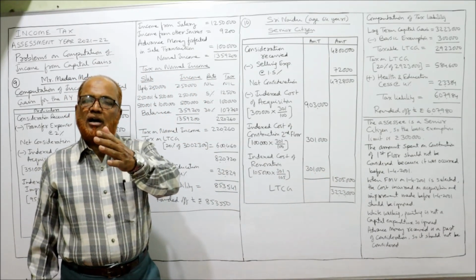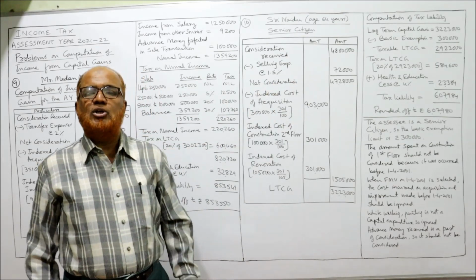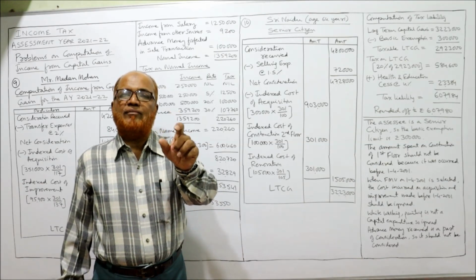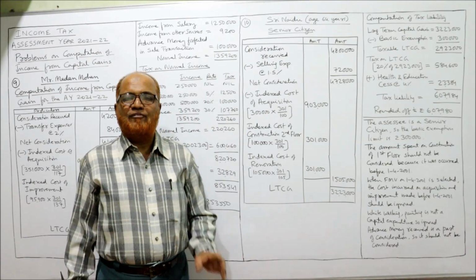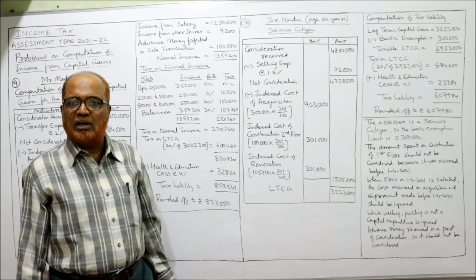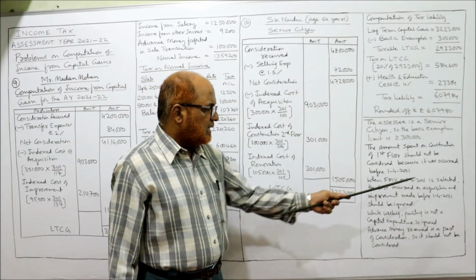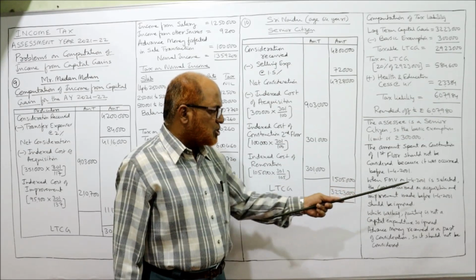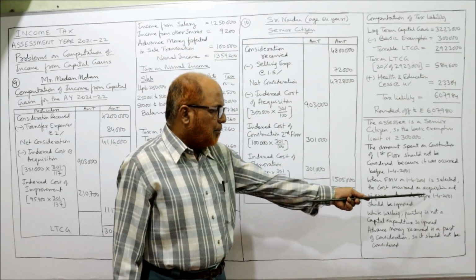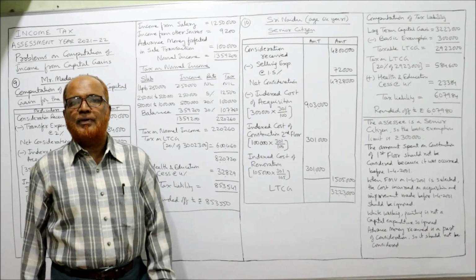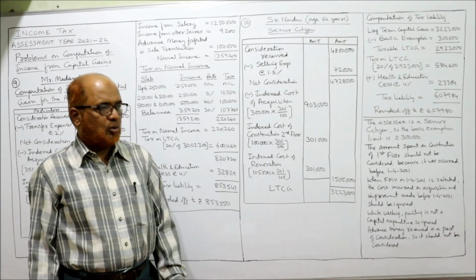Any expenditure incurred before 1/4/2001 should be ignored because we have taken FMV on 1/4/2001. When FMV on 1/4/2001 is selected, the cost incurred on acquisition and improvement made before 1/4/2001 should be ignored. These points you must write in the working note.